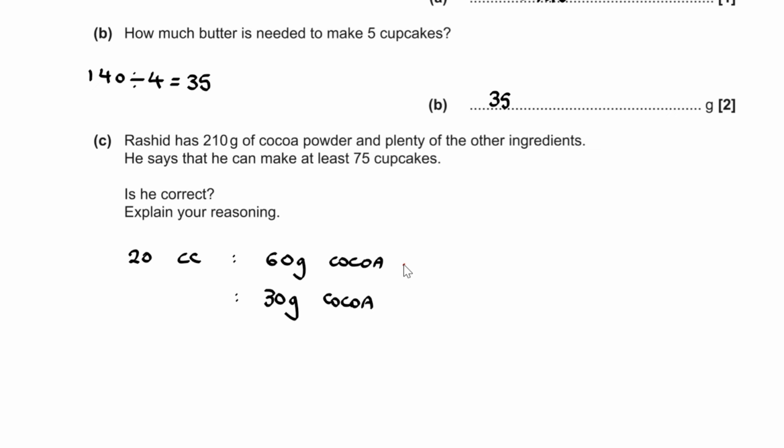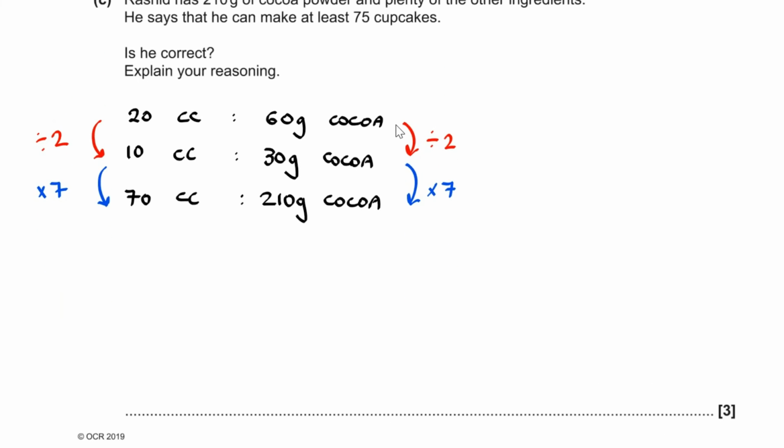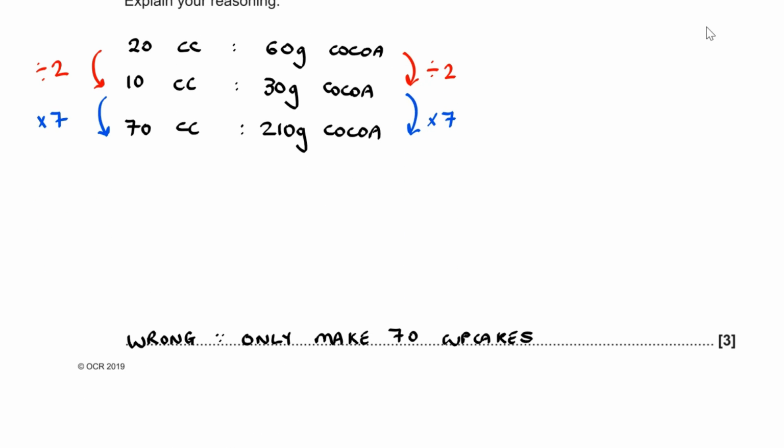And you can see here we had to divide by 2. So here dividing by 2, we have 30 grams of cocoa can make 10 cupcakes. And he has 210 grams of cocoa powder. So if we times this by 7 and timesing this by 7, you can see that he can only make 70 cupcakes. He's saying he can make at least 75 cupcakes, and therefore you can conclude he's wrong because he can only make 70 cupcakes, as we found here.